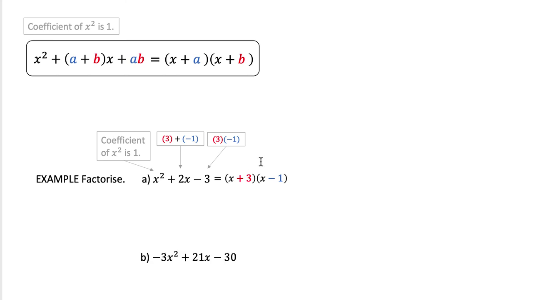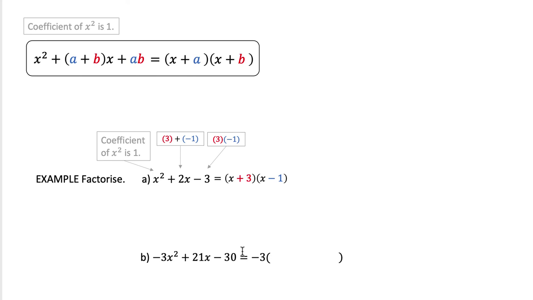B. Now, we would have to check whether the coefficient of x squared is 1. Well, it's not. So we would have to do something to this so that the coefficient of x squared is 1. Well, what we can do is factorize all the terms by negative 3 because all the coefficients are divisible by negative 3.